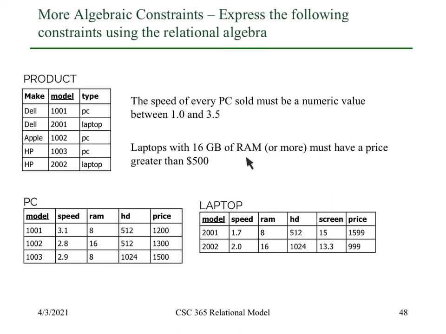And similarly for the second one, we've got a table for our laptops. You can look in that table and see if it satisfies this. So now take a few seconds, stop this screencast and see if you can write down the selection operator and a Boolean expression which will allow you to check whether these different constraints are satisfied.